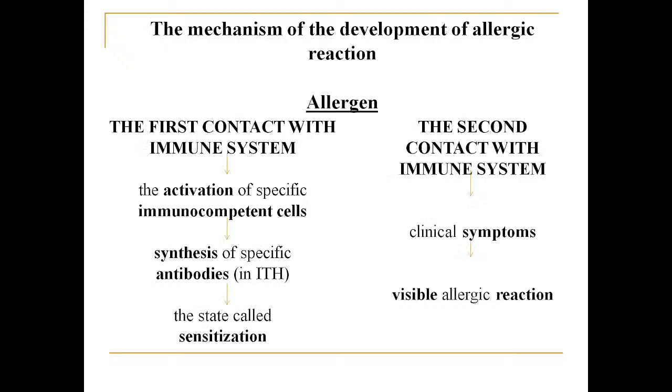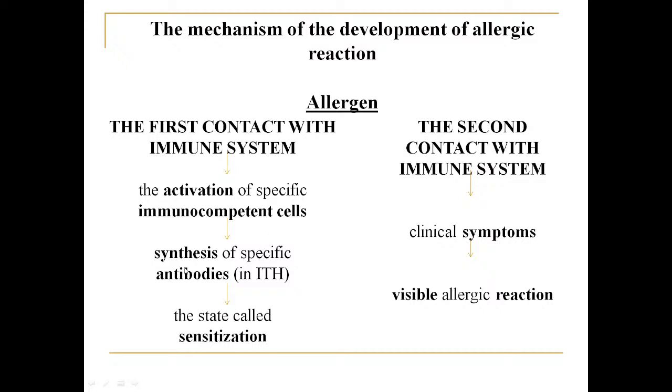Once more, about the mechanism of development of allergic reaction. When the allergen enters the human organism the first time, in the first contact with the immune system, it causes activation of specific immunocompetent cells, basophils and mast cells, for example, or T helpers in delayed type hypersensitivity.